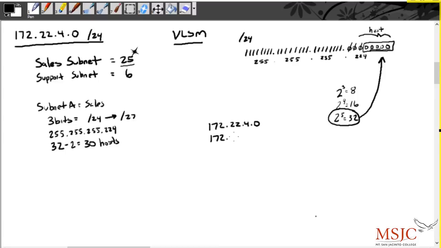So 172.22.4.32. And we know that there's going to be 8 of these because we calculated that 2 to the power of 3, because we borrowed 3 bits, is 8. So we know there's going to be 8 subnets created. So let's go ahead and write those down real quick. All we do is add 32 every time.